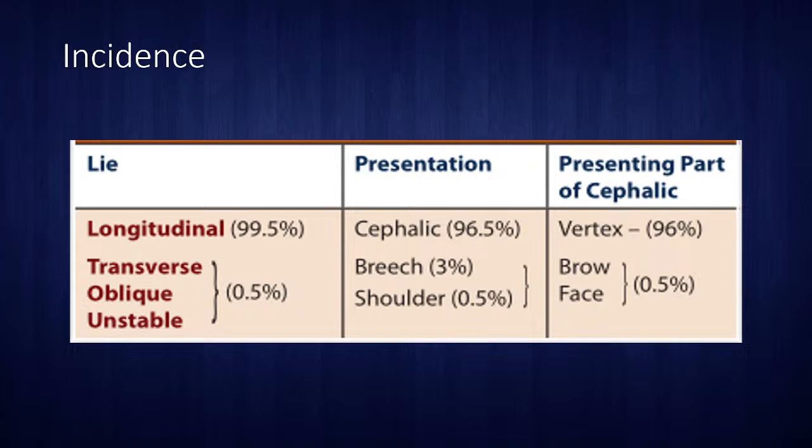If it is still like this, the face will be presenting. So depending upon the flexion or extension of the head, various parts of the head present at the lower uterine segment. Vertex presentation is 96%, brow and face combined form 0.5%.